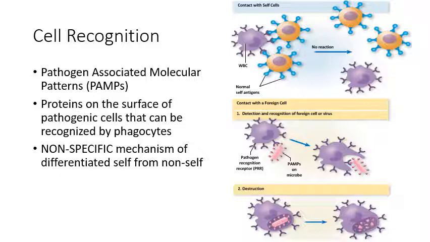This phagocyte doesn't know if that's E. coli or Staph aureus or tuberculosis. It has no idea what it is. It just knows it doesn't belong here. So it can recognize the pathogen-associated molecular pattern and say, okay, that's a pathogen, I'm going to eat it. All that does is let you determine between self and foreign. It is not a specific recognition of what that pathogen actually is.